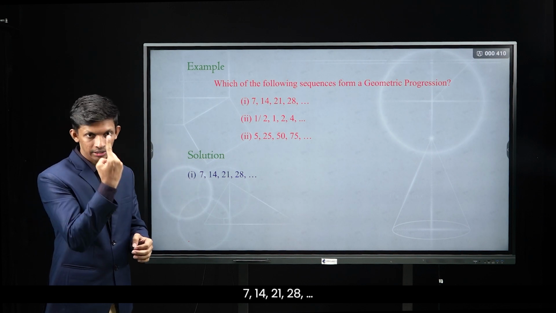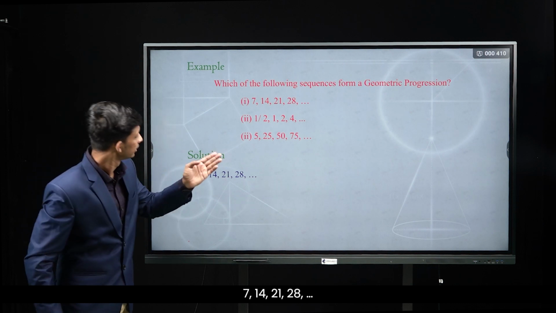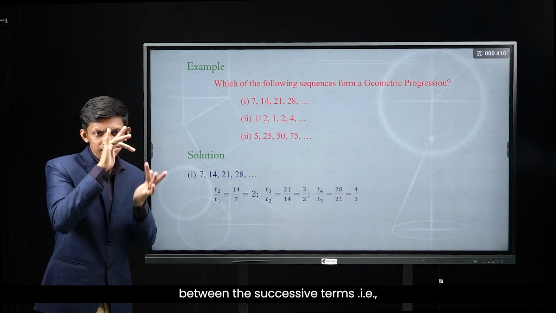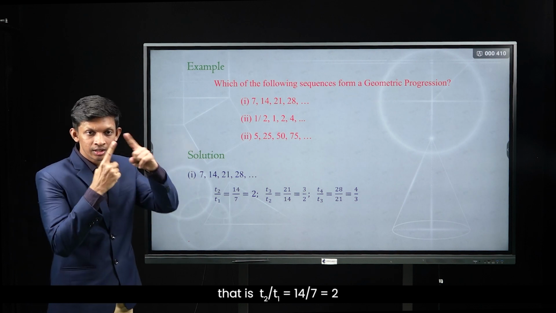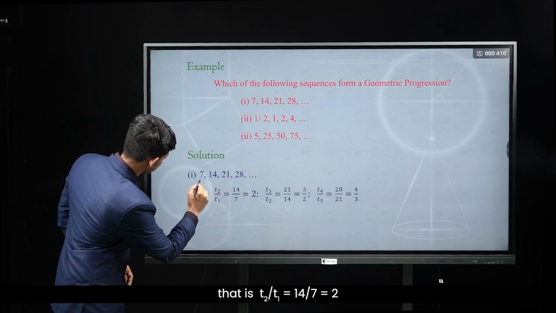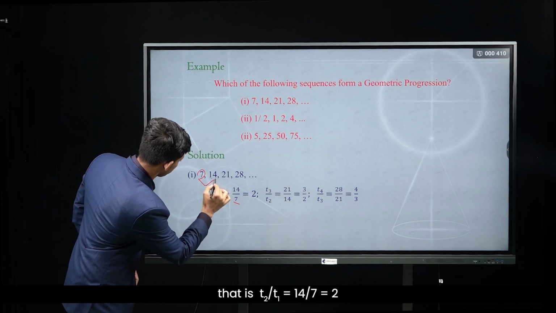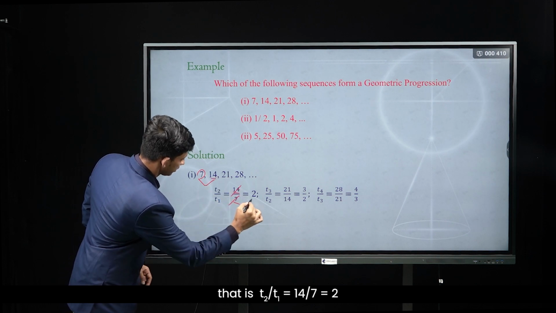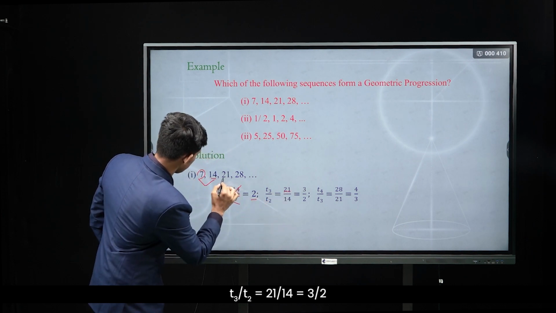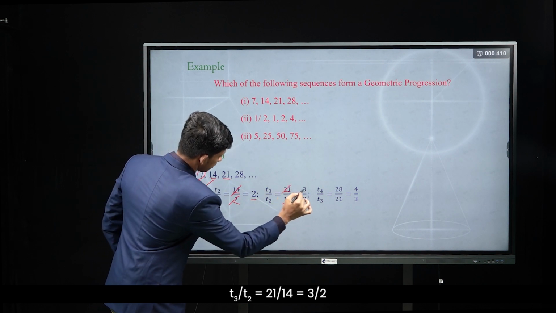Sequence 7, 14, 21, 28, and so on. Now we will find the ratios between the successive terms, that is T2 by T1 is equal to 14 by 7, which is equal to 2. T3 by T2 is equal to 21 by 14, which is equal to 3 by 2.